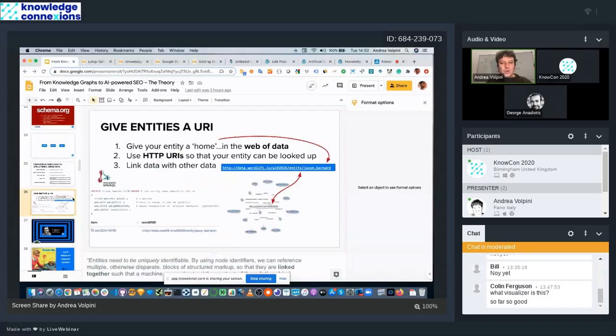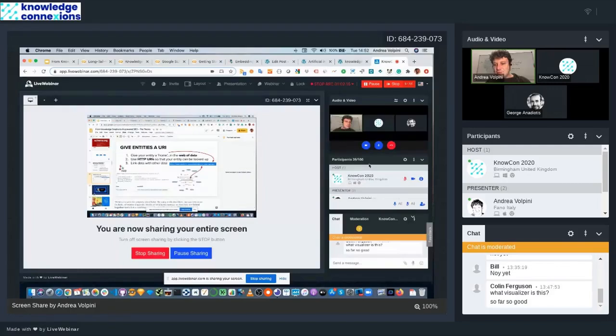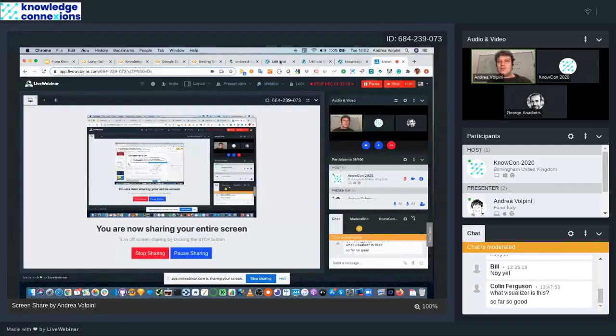So you mean this one? This stuff here? If it's this one, I'm visualizing data using Wikidata tools. So this is a tool that is a part of the Wikidata SPARQL endpoint. Yeah. So if that is what you're looking for, all right.